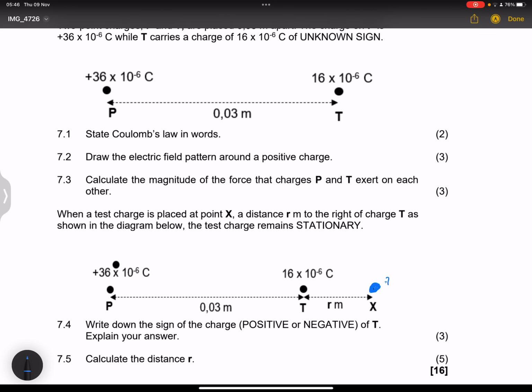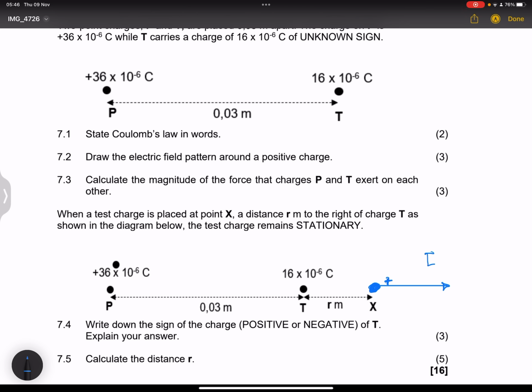Now, what is charge P going to do to the test charge? Charge P is going to push the test charge away. If it's positive, it means they will repel each other, but we assume that it is the test charge that would experience that force.